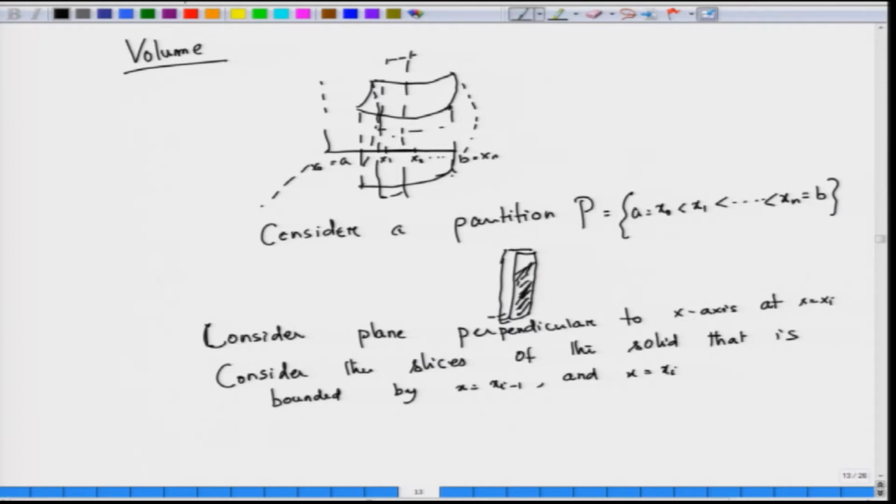On this it will look something like this, which is a thick slice, depending on how small you are taking your partition.